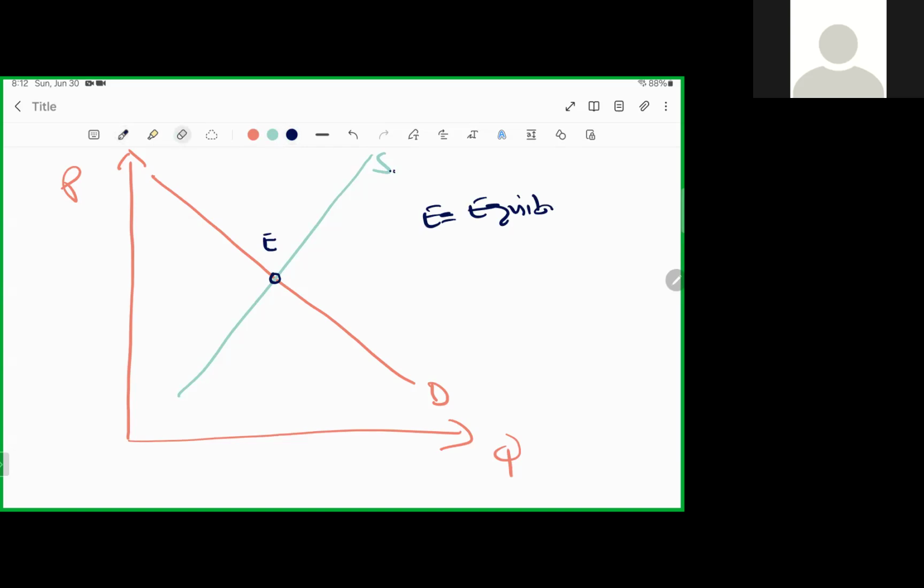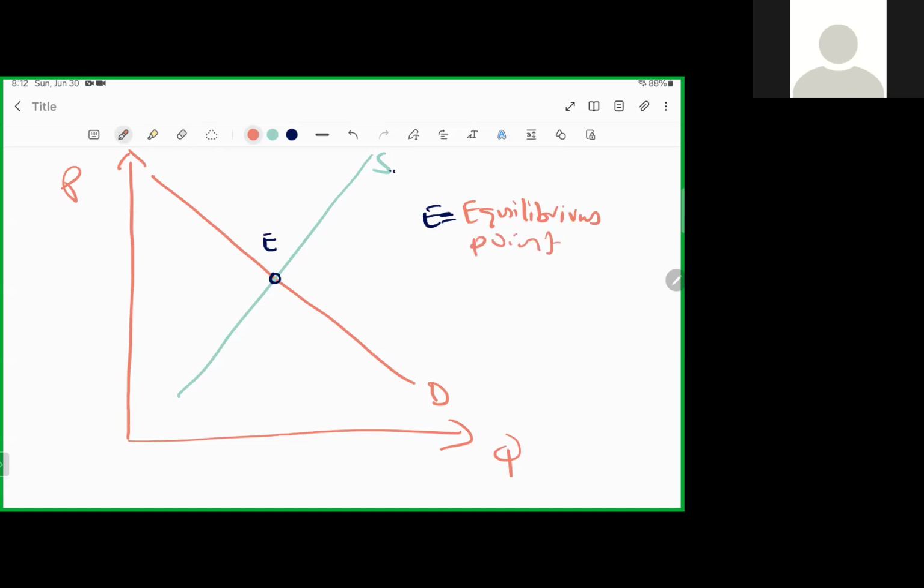Please note, this E is called the equilibrium point.